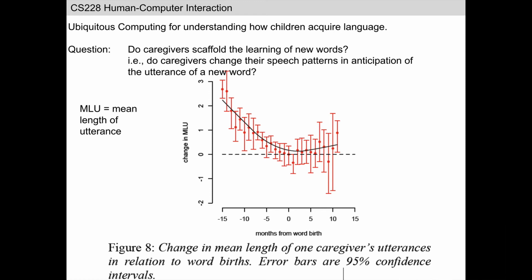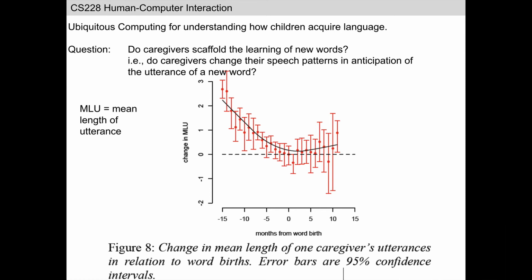Obviously, the child is going to utter words for the first time at different times during this 9 to 24 month period. We're going to take all of those times and shift them horizontally so they all line up at 0 here. This corresponds to various points in time, which is when the child issued a word for the first time.